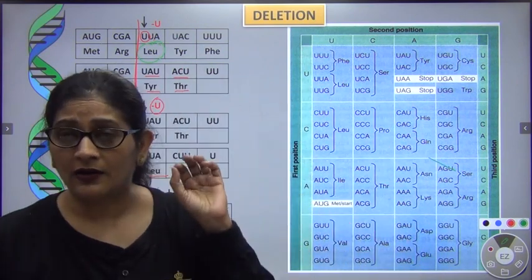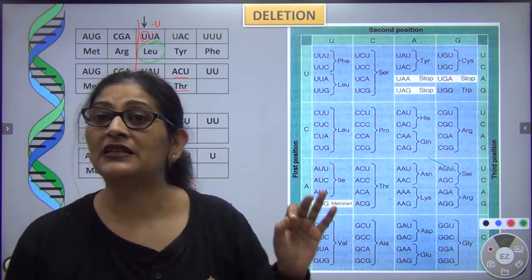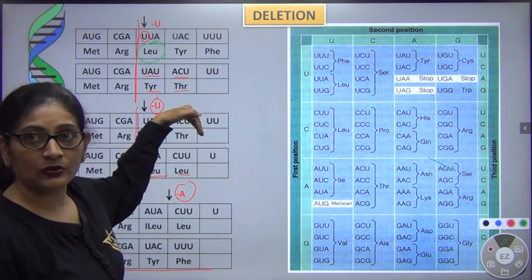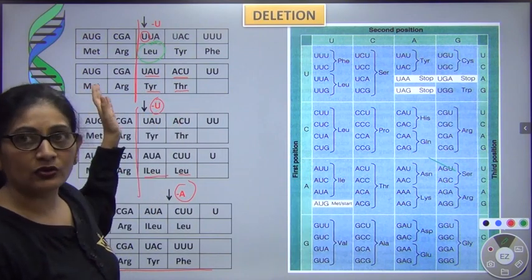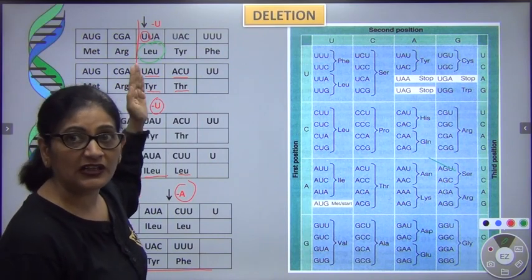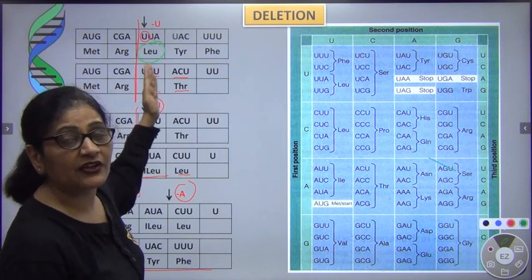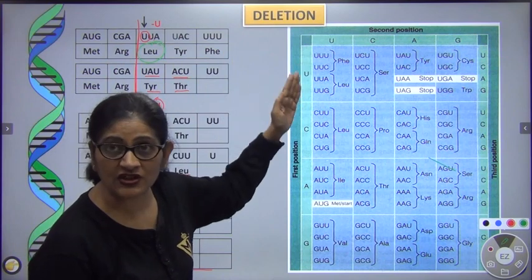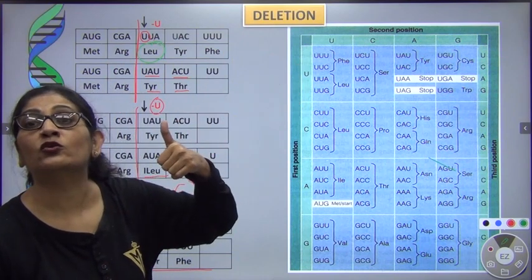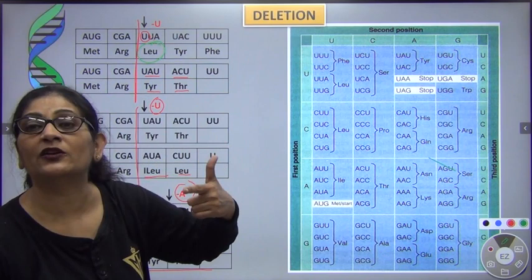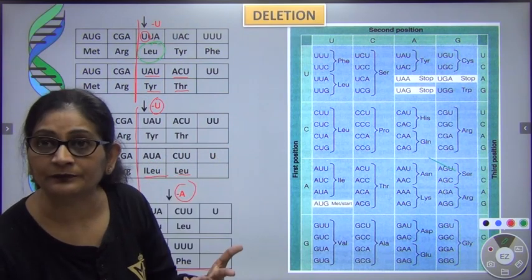So frame shift mutation means if you add a nucleotide or delete a nucleotide, from the point of insertion or deletion, the reading frame changes, with respect to codons, hence with respect to amino acids, hence the protein.